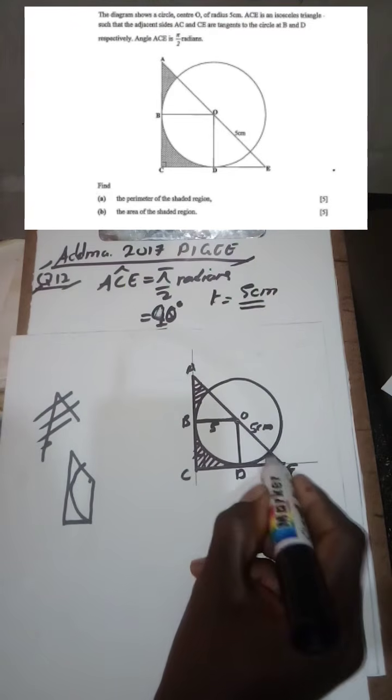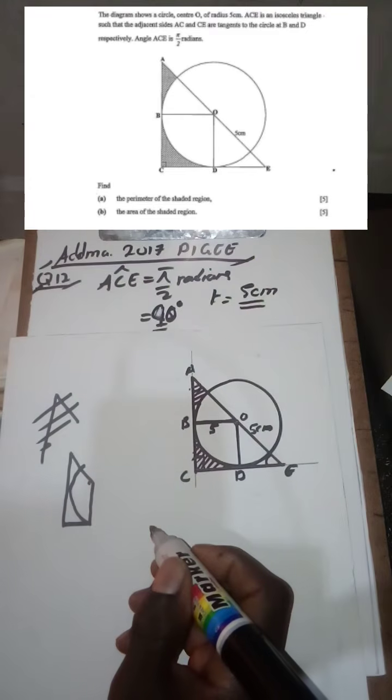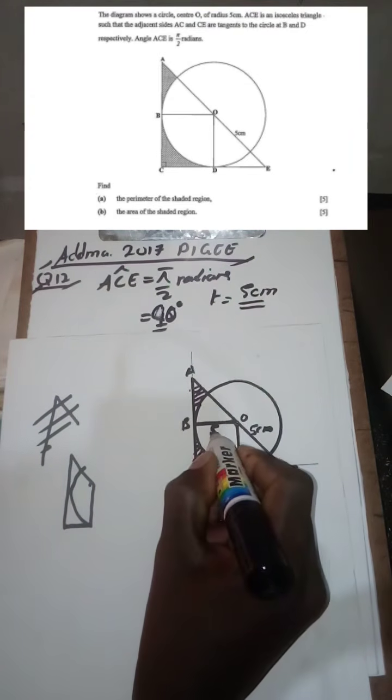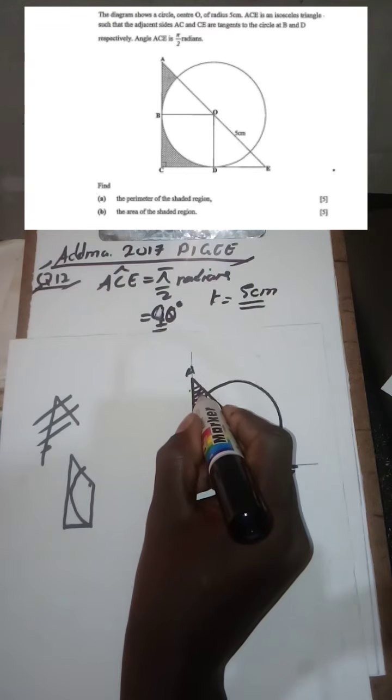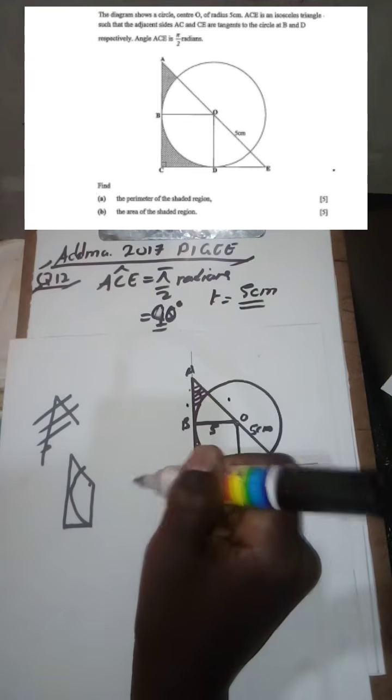So if here is 5 and the angle I have here is 45, it's easy for me to find the side that is here and the side that is there.